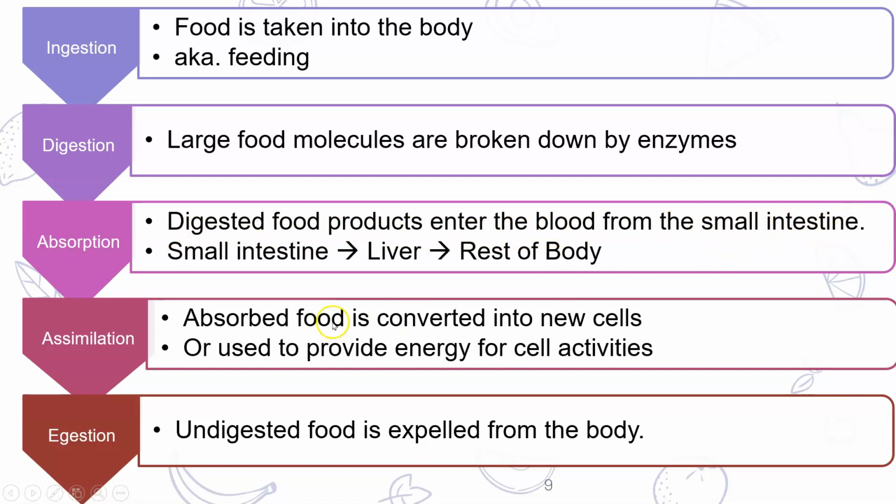From the small intestine, the absorbed food will then go to the liver and then to the rest of the body. So it's like a chain of events. One thing leads to another. Then assimilation, where the absorbed food is converted into new cells, or is used to provide energy for cell activities. And fifth, undigested food is expelled from the body.